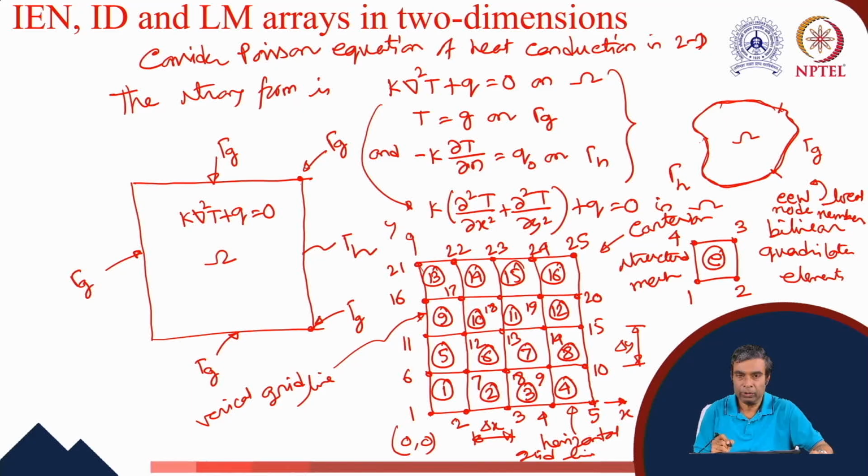So the mesh which we are showing here has 16 elements, bilinear quadrilateral elements, and 25 global nodes. So each element consists of 4 local nodes.